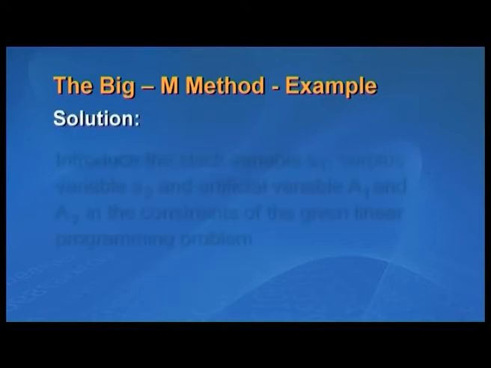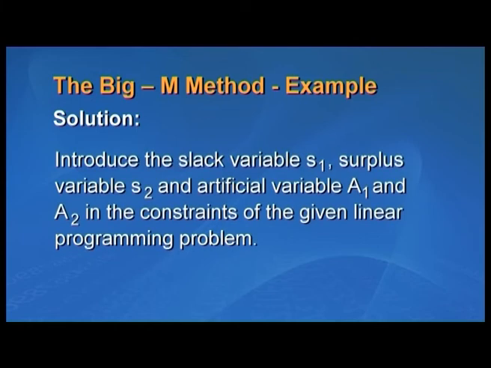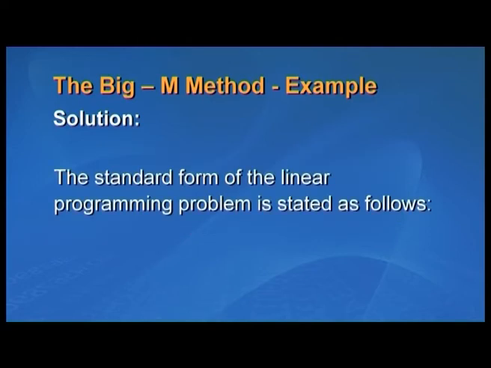Solution. Introduce the slack variable s1, surplus variable s2, and artificial variables a1 and a2 in the constraints of the given linear programming problem. The standard form of the linear programming problem is stated as follows.